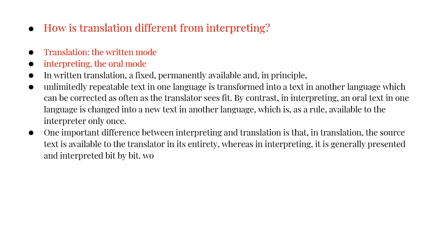The interpreter interprets chunks of the language instead of having the whole text written in front of them, like in written translation. Or sometimes the speech given might be written prior to the conference, but this is a different story.